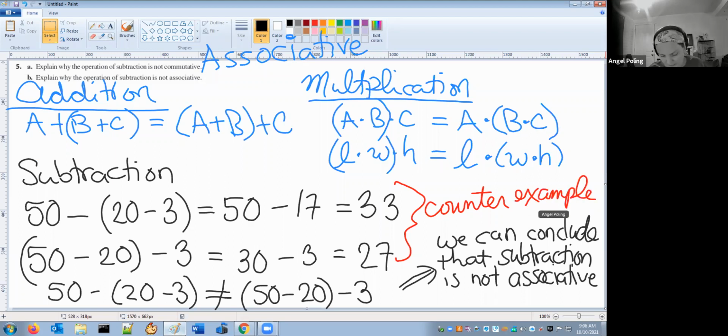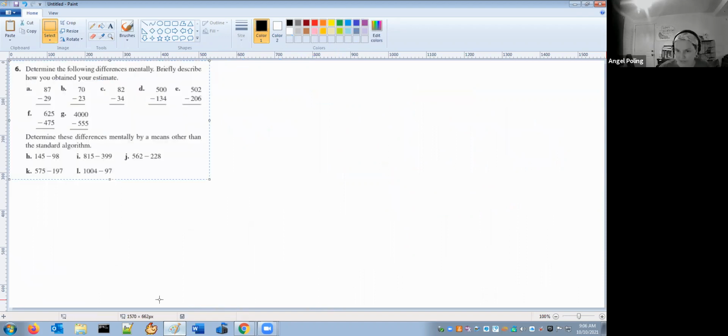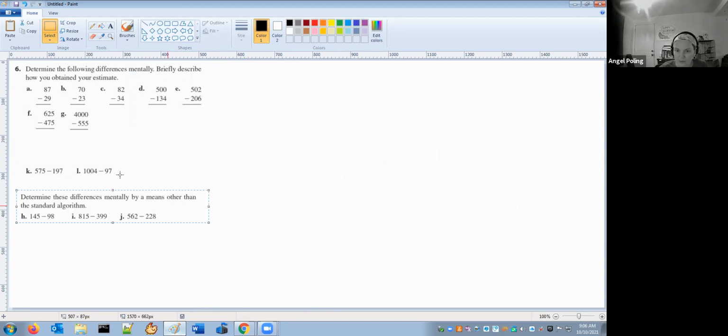Okay, for number 6, we're told to look at H, I, J. There are these below. And what they want us to do is use things like linear models, potentially, to show these types of things.